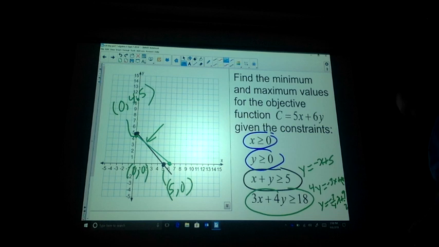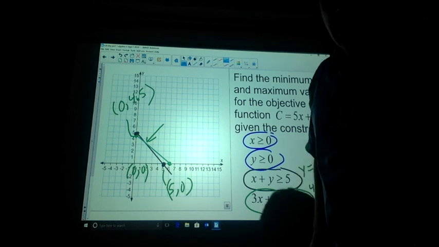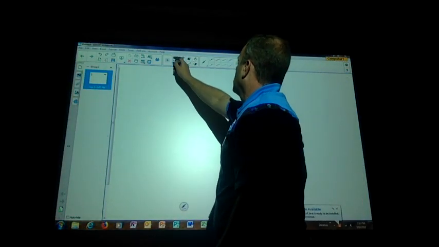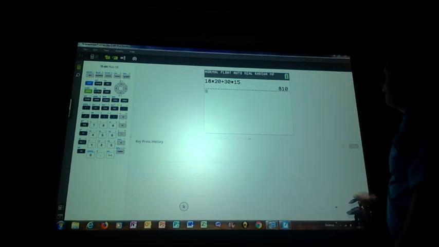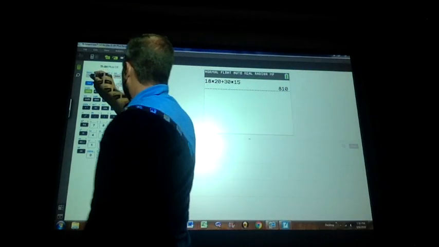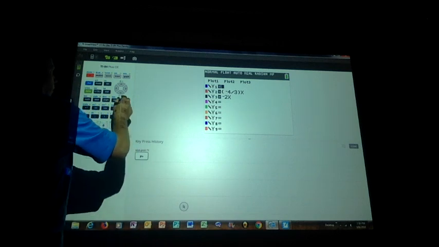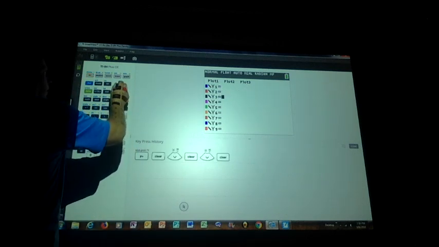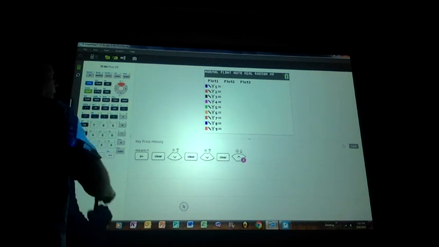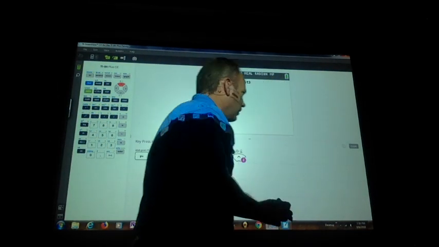And I'm going to use the graphing calculator to make that happen. So we'll switch over here. So let's go into y equals. Make sure we don't have anything there. Well, I'm going to clear all these things out. I don't need these at all. And so my first equation is negative x plus 5.